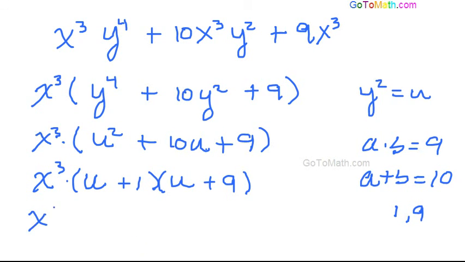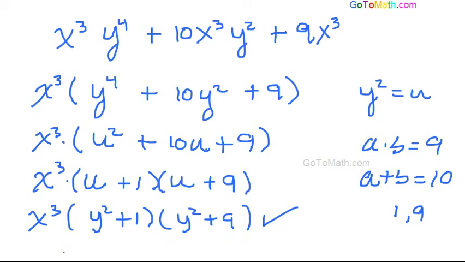Now we go back, substitute back in our y. So we got y squared, and then we have y squared plus 9, and I believe we're done. We can't factor that any more. That's it.